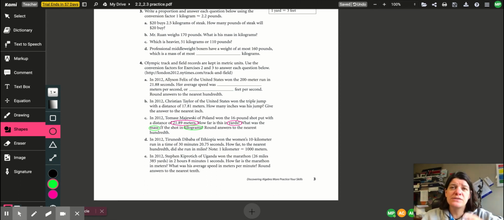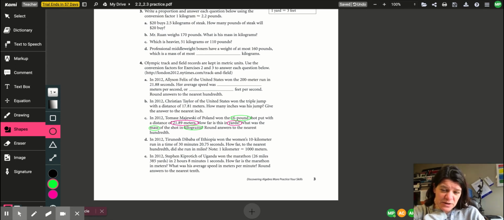Mass, in science, is the muchness of stuff, but in normal terms we can think of it as weight, even though it's not really. So 16 pounds is weight, and mass, they're kind of the same thing. So here I want to take this 16 pounds and convert it to kilograms.